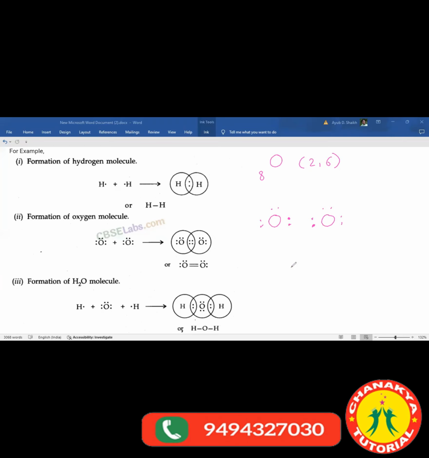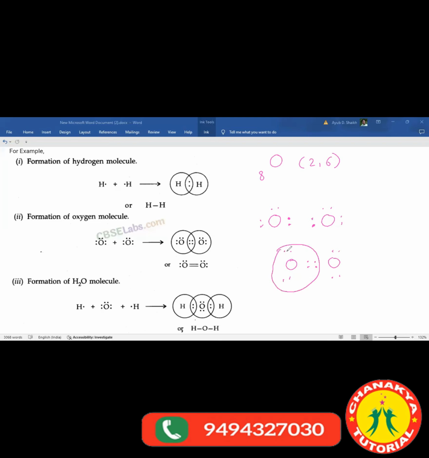Fine. So here what happened? This oxygen shared its 2 electrons. This oxygen shared its 2 electrons, and the rest all would be there with them, right? Now we just have to complete this circle.